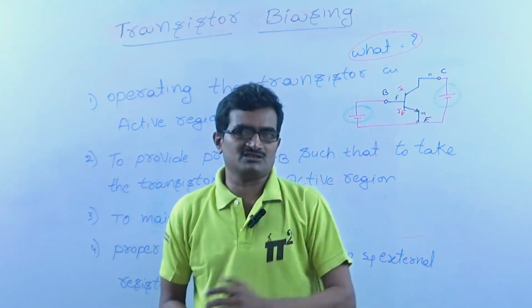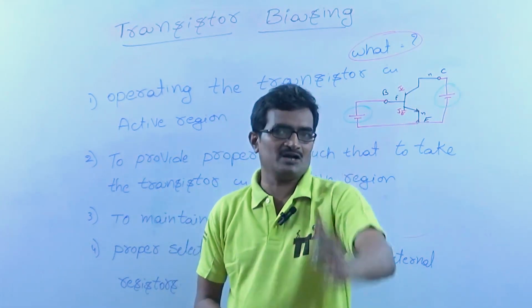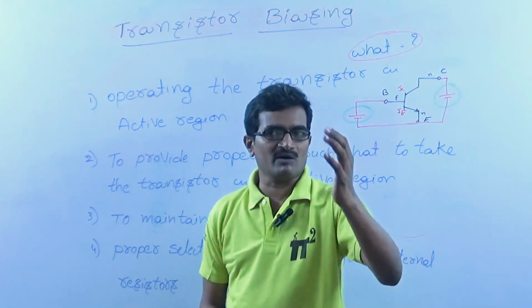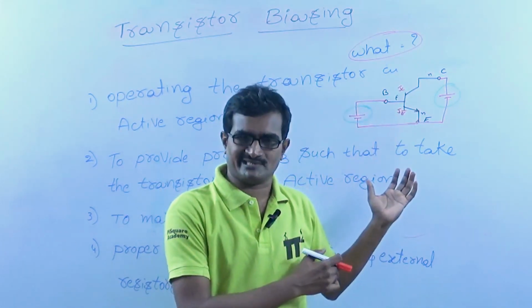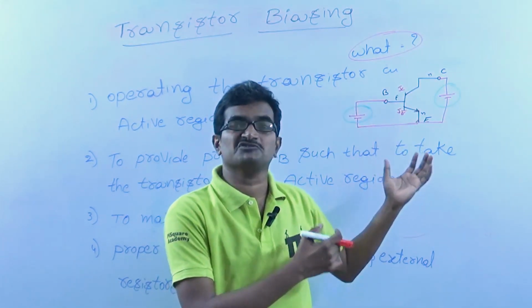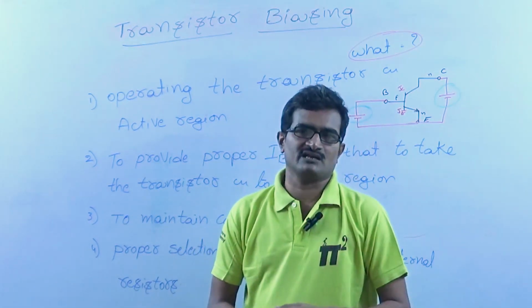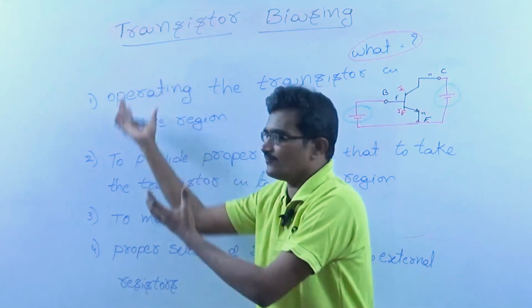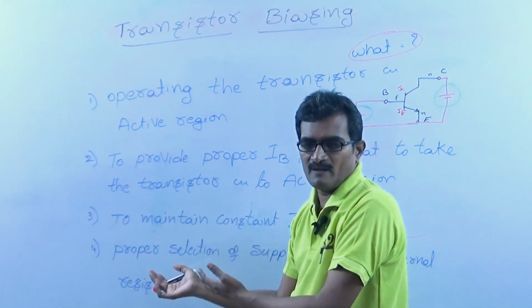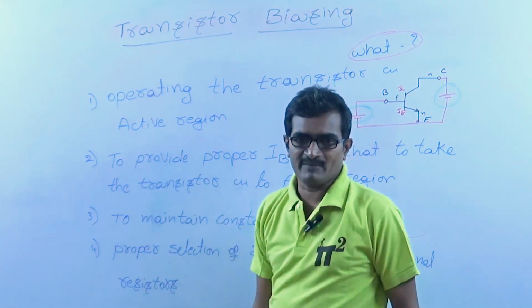Once you are changing some power supply, you should know why you are changing that. By changing that power supply, what happens to this transistor, which component of the transistor is changing, you should know the effect of that.